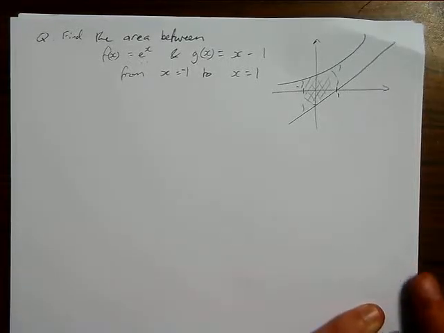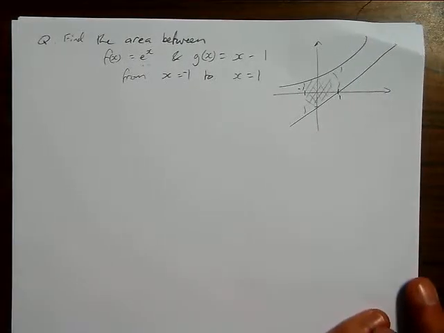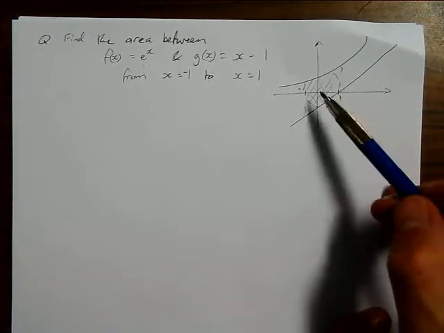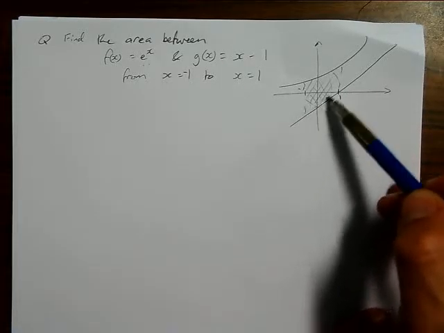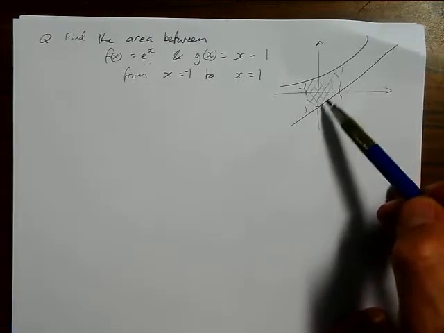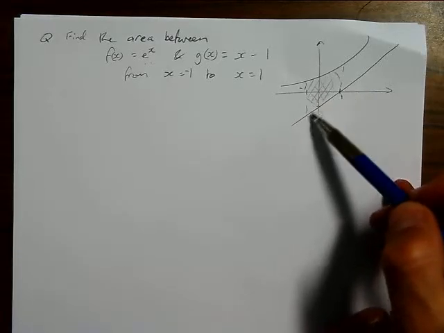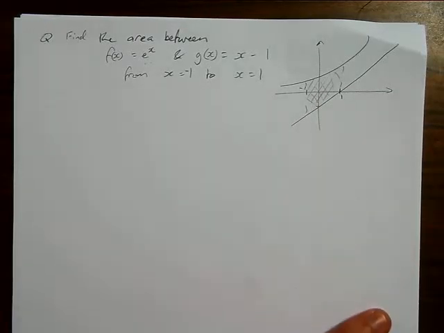Now there's probably two ways we can look at this question. One is to find the two areas. So we could find the area here, and then we could take away this area here. That would be a negative area, which means we would be adding these two areas on. Okay? And that would be fine.